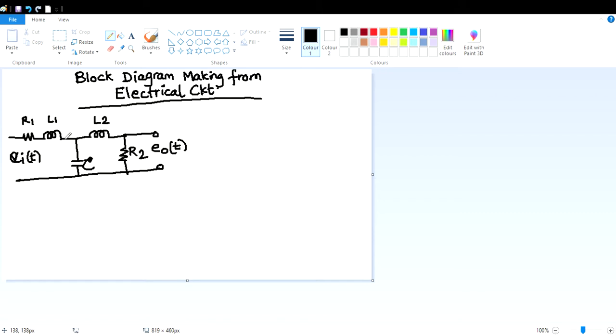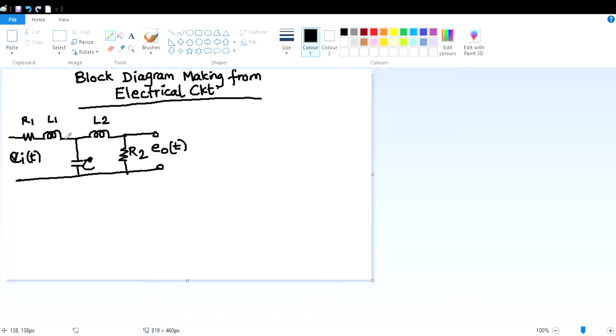Now I advise you to always prefer Kirchhoff's current law, because it is helpful if you want to get the block diagram from an electrical circuit.